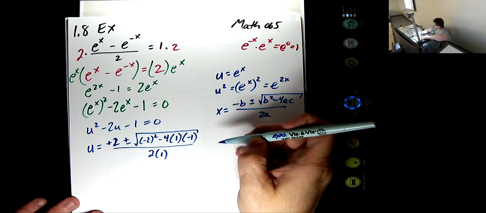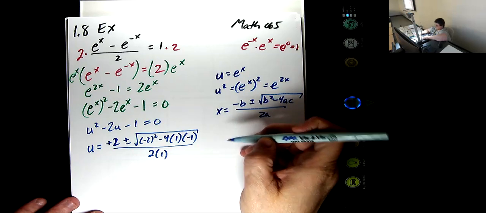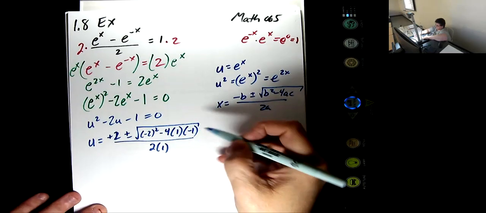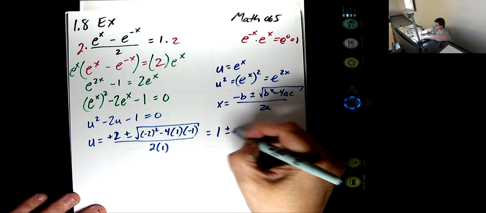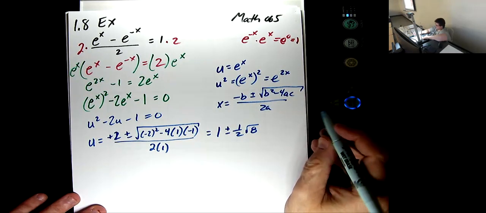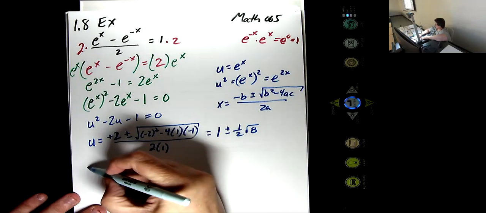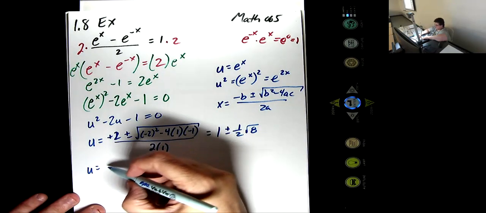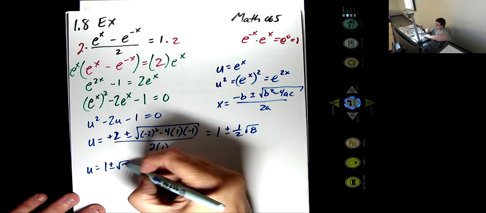When you clean this up, you will get 1 plus or minus 1/2 square root of 8, or u equals 1 plus or minus square root of 2.